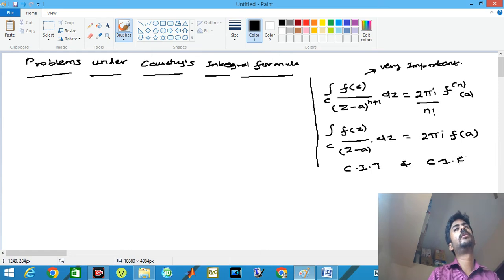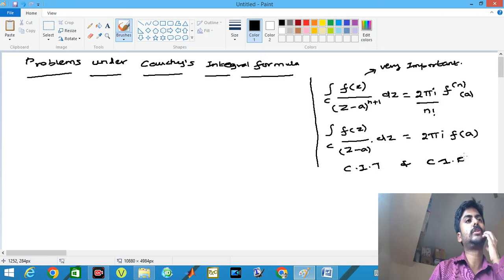Both the statements are almost the same, but in the Cauchy integral theorem we are not speaking about the point a, whereas in the Cauchy integral formula we are speaking about a point a.